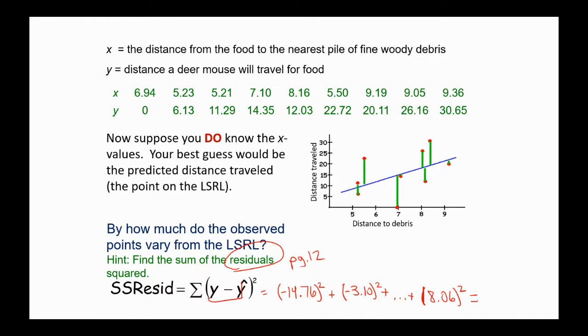That's why it's only one number, because we calculated this value on page 12. That's it. I'm just pulling these straight from our table. And if we calculated this, we'd get 526.29 meters squared.